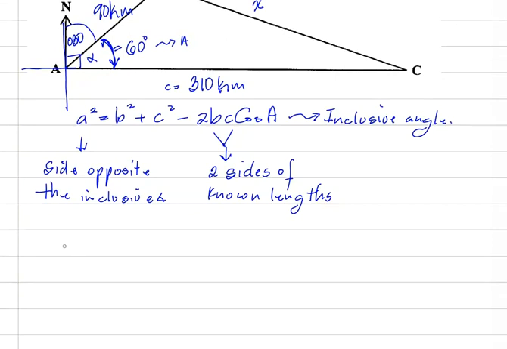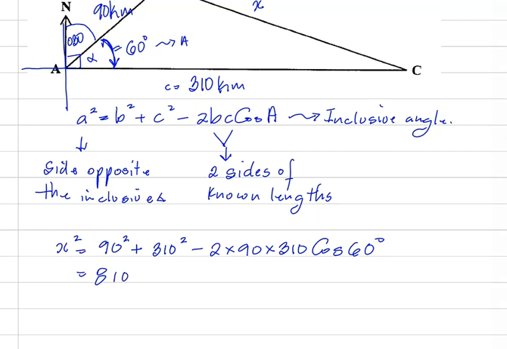So this would be x squared is equal to 90 squared plus 310 squared minus 2 times 90 times 310 times the cosine of 60 degrees. 90 squared is 8,100. 310 squared is 96,100.